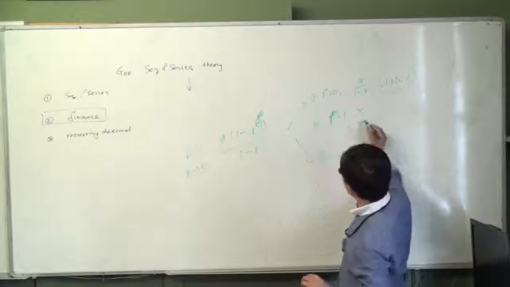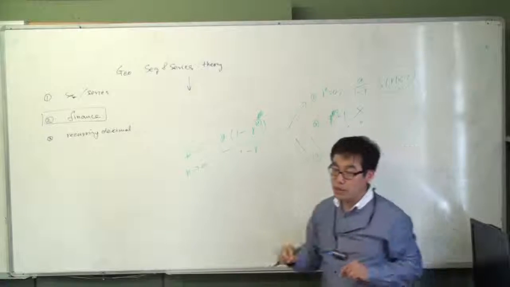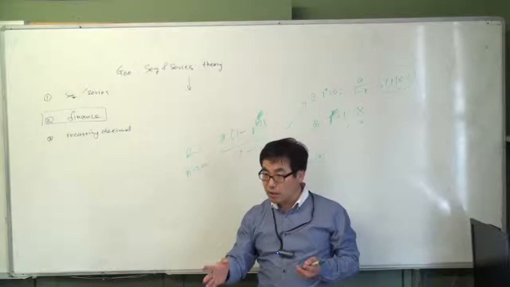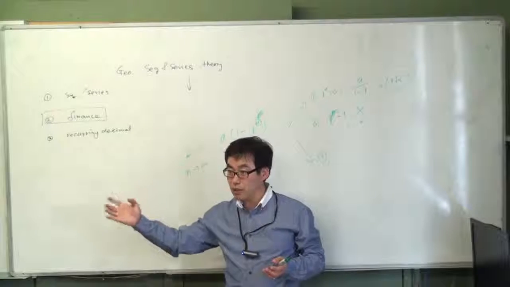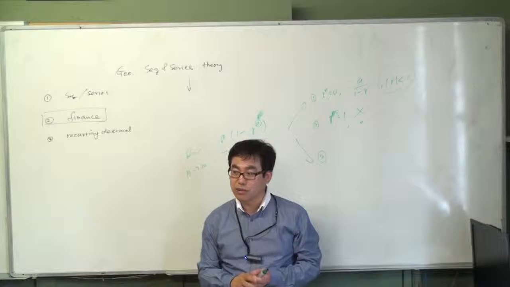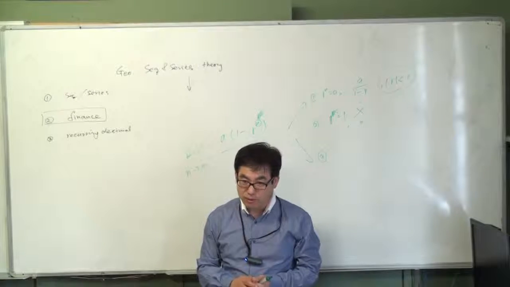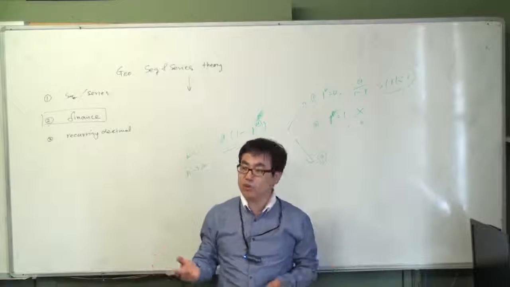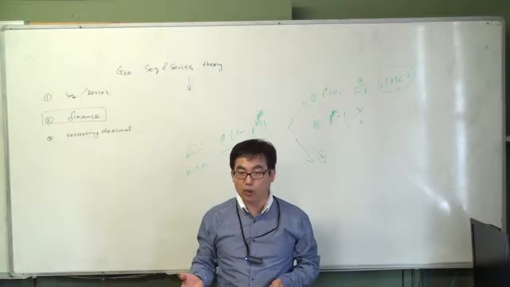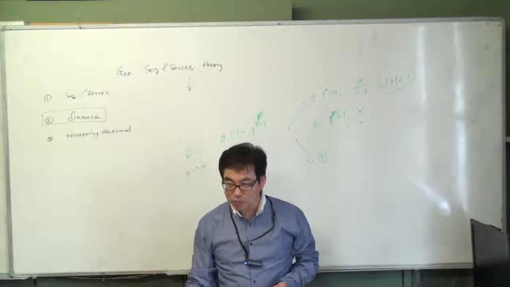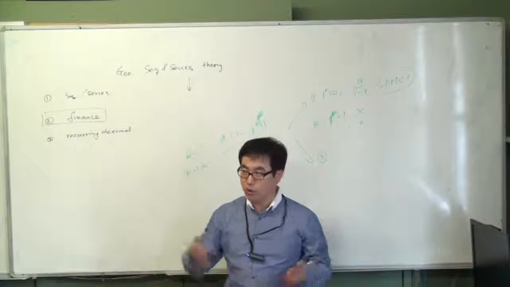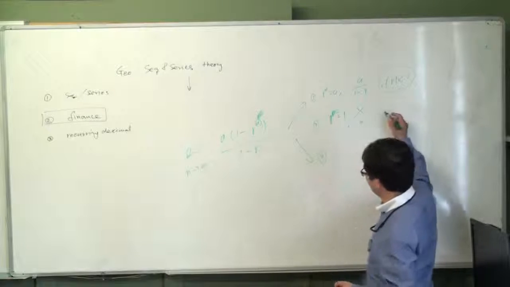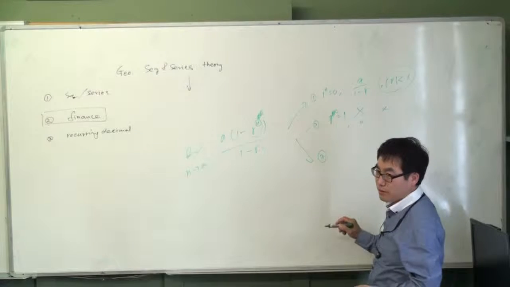What about minus 1? If R is minus 1, the sequence is A, minus A, plus A, minus A, plus A. What's the answer? 0 or A. So we don't know. Anyway, undefined. How do you know it's 0 or A? It's a matter of whether infinity is even or odd, but there is no definition like that. So you don't know what the answer is. So we don't usually count it.